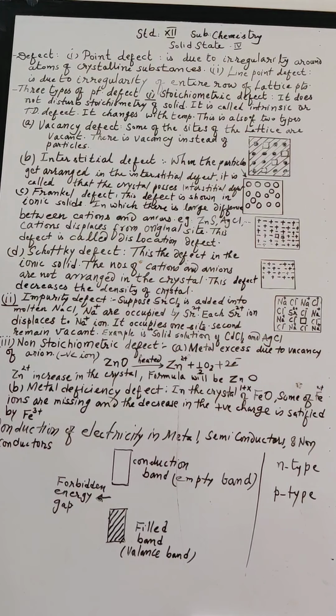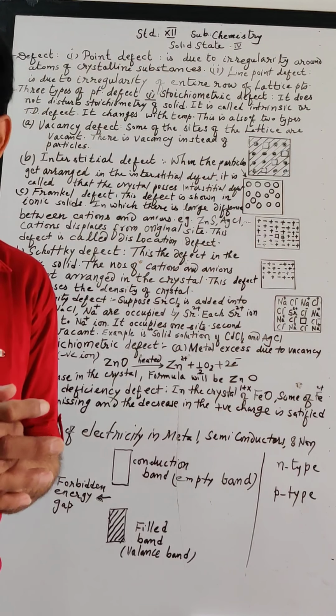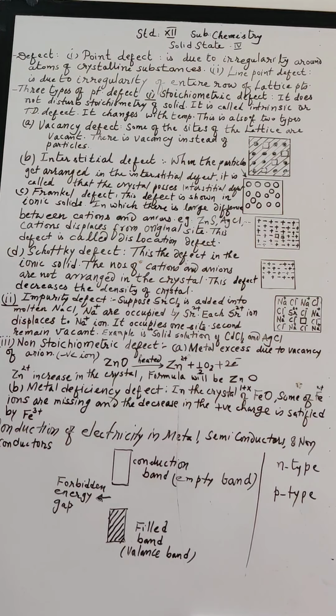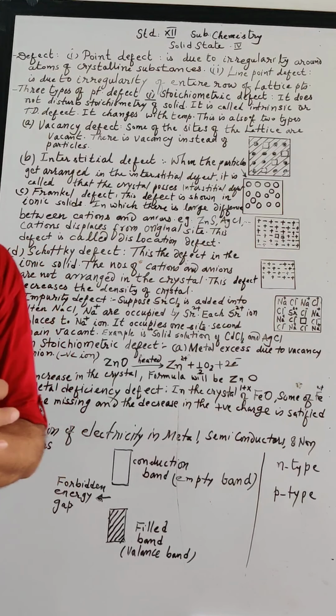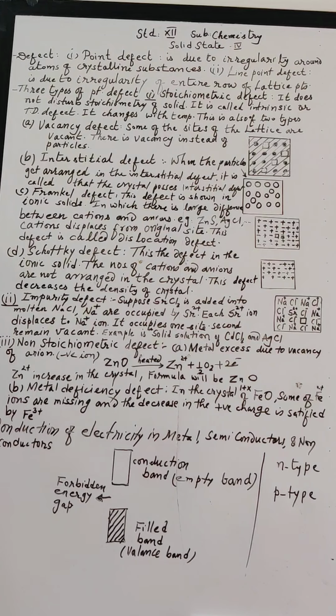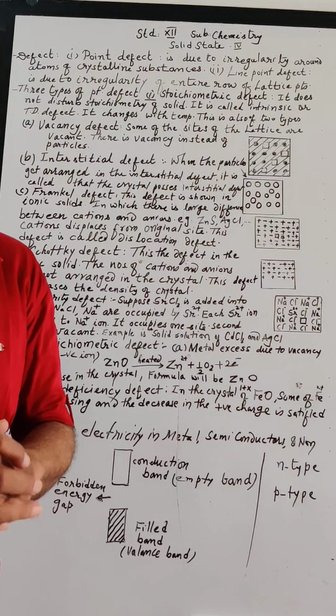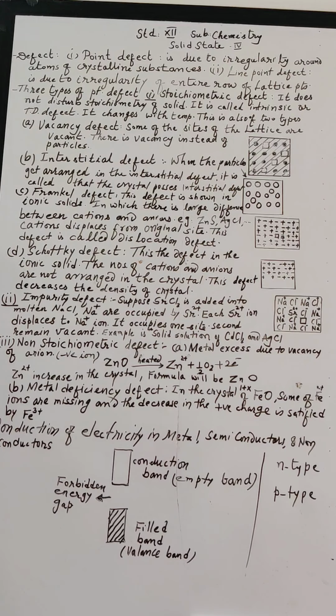The anion sites occupied by unpaired electrons are called F centers. F comes from the German word Farbe, indicating colored center. Crystal of NaCl possesses yellow color.